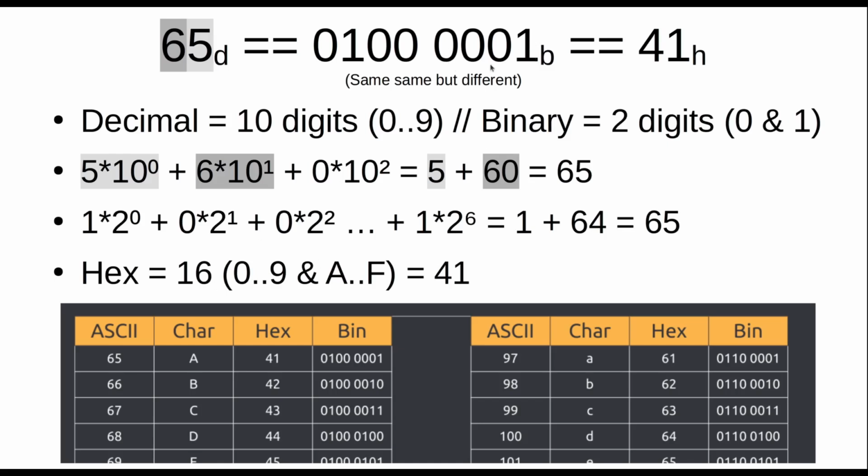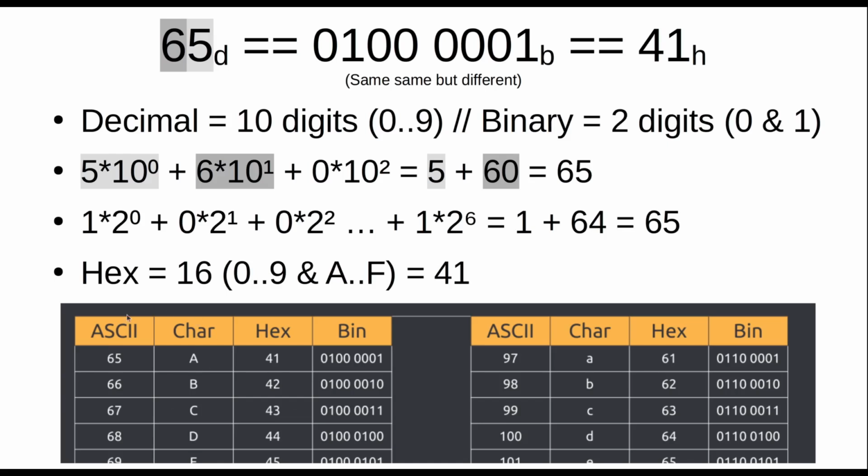And the first 4 bits would be just 1, and the other 4 bits would be 0 times 1, 0 times 2, 1 times 4, and 0 times 8, which is 4. And so in hexadecimal, 65 would be 41.